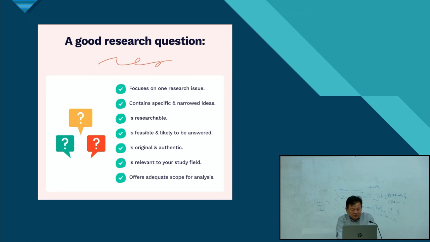Also, the research question offers adequate scope for analysis. Adequate scope means, for example, this time a 3-point scale, a 5-point scale, and a 7-point scale. A 7-point scale gives a more detailed output, but it is very difficult to analyze. So it is adequate. Okay, a 5-point scale is a very adequate scope of analysis. That's it. Sometimes it's 7 points.